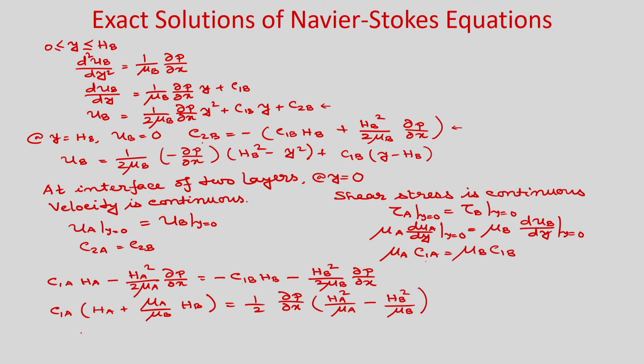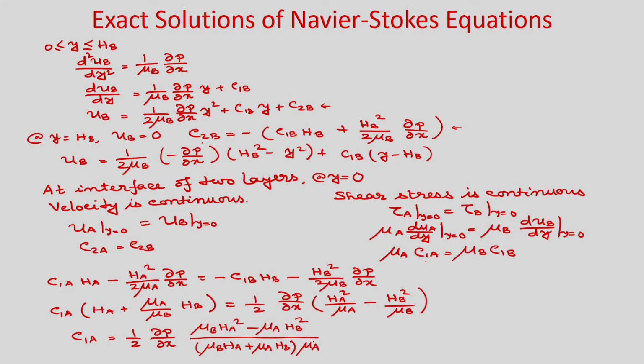Okay. From here C 1 a you can write as half del p by del x, okay. And after rearranging you can write it as mu b h a square minus mu a h b square divided by mu b h a plus mu a h b into mu a.